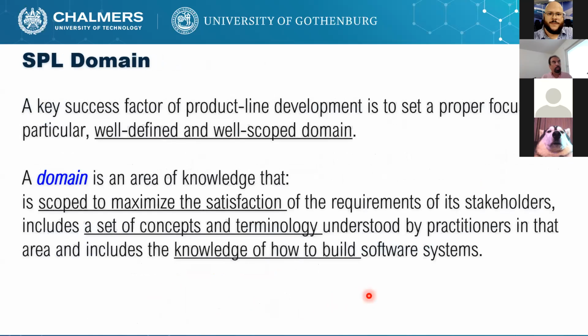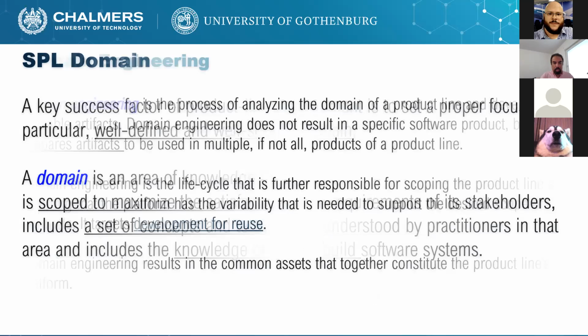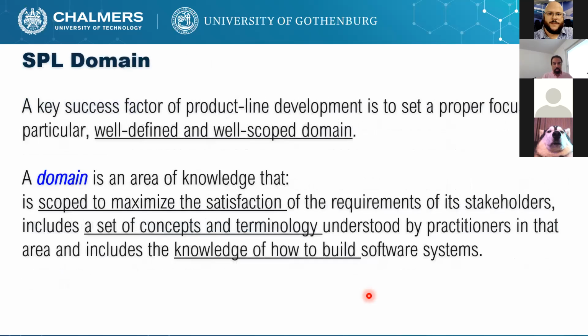The software product line domain is a tricky issue. You need to arrive at a well-defined and well-scoped domain. We mean by domain, as I'm going to explain in the coming slides, let me take an example.